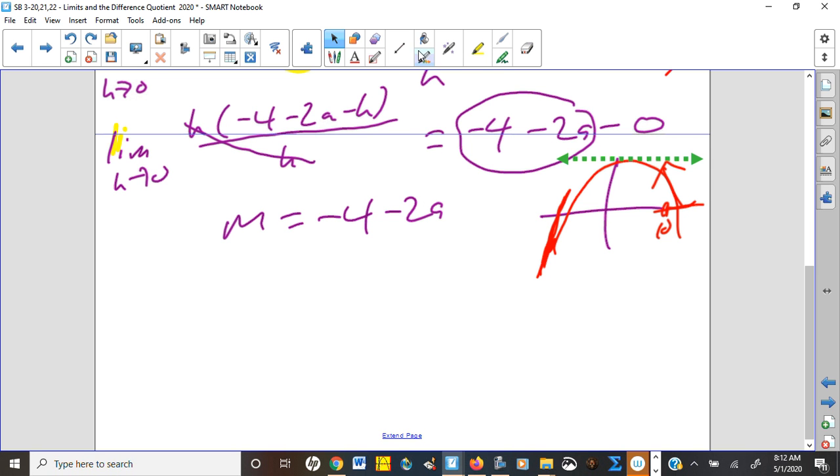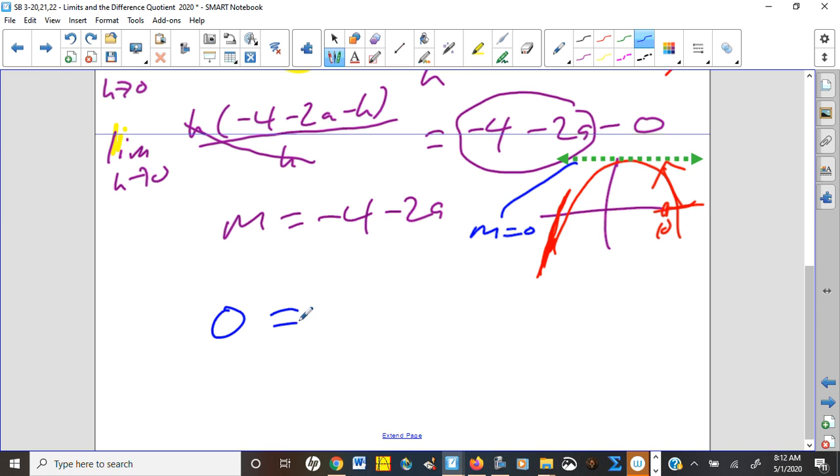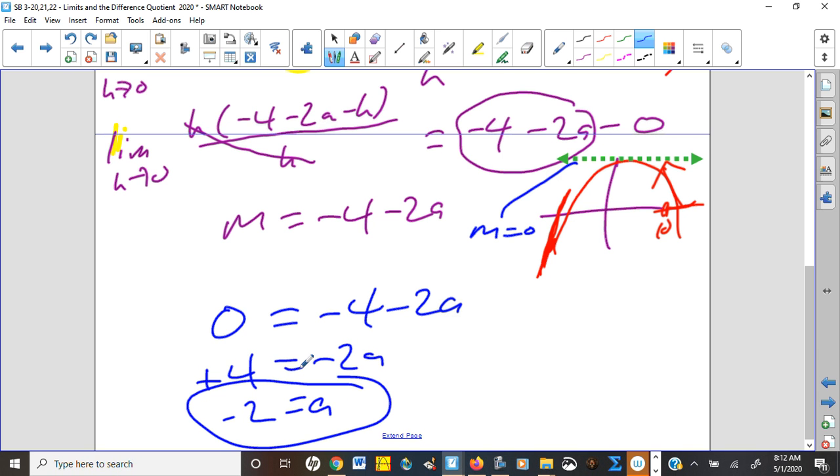But what we're going to do to finish this problem is just remember that the slope of a horizontal line is always 0. So 0 equals negative 4 minus 2a. Negative 4 equals, I'm sorry, positive 4 because I added it over, equals negative 2a. A equals negative 2. That's the x value of your point.